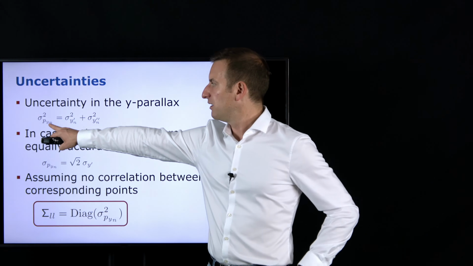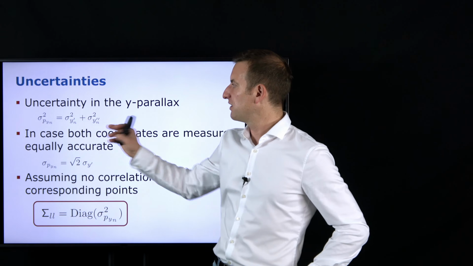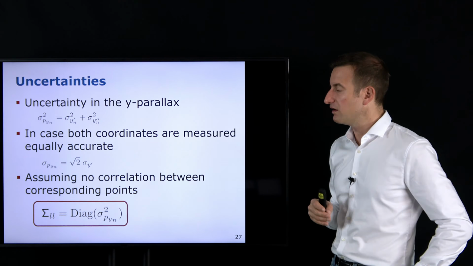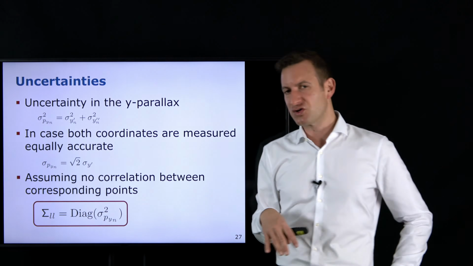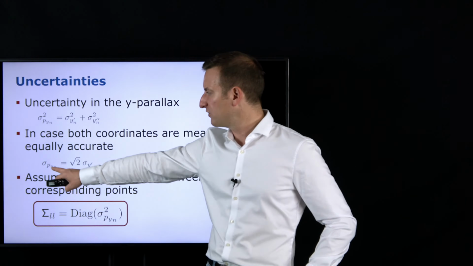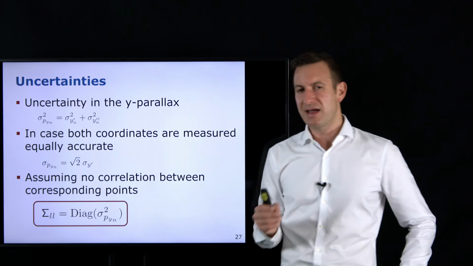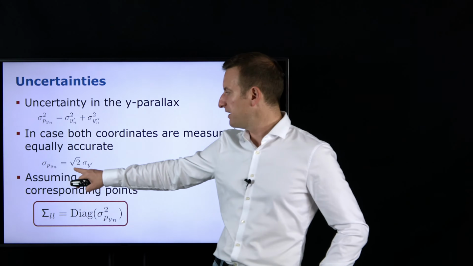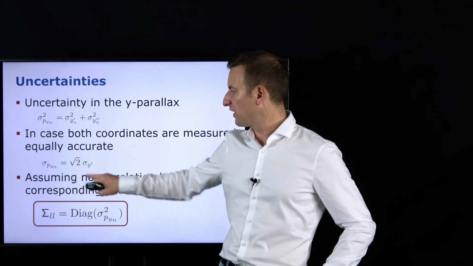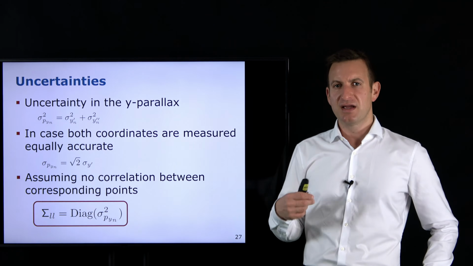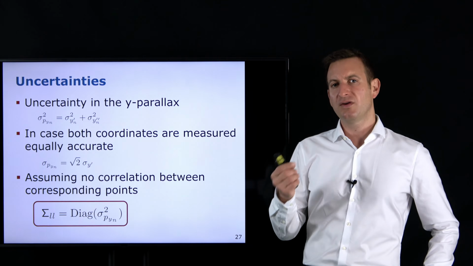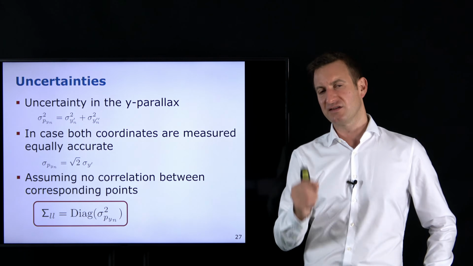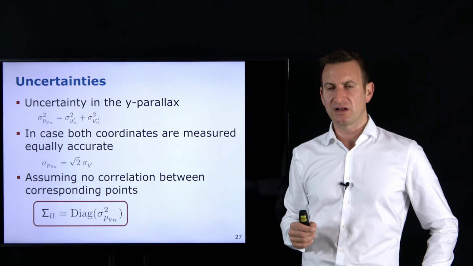So the variance of this is actually the sum of the variances of the individual uncertainties. And if we assume that I can measure both coordinates in the same way, the standard deviation of my observation is the square root of 2 times the uncertainty of how precisely I can pinpoint a single point.